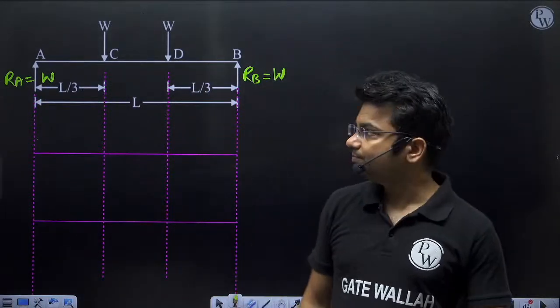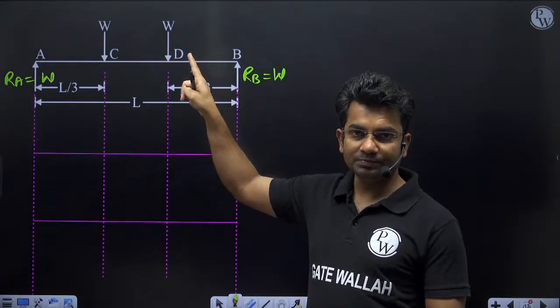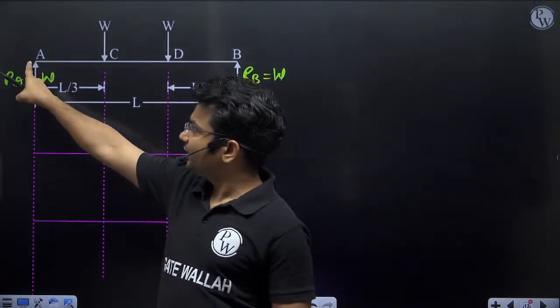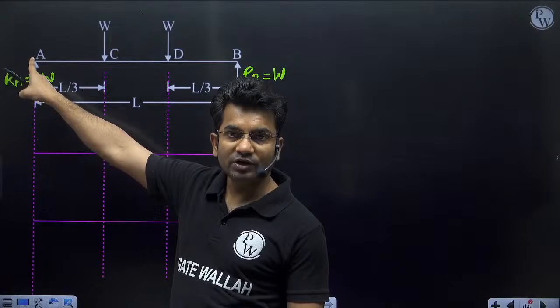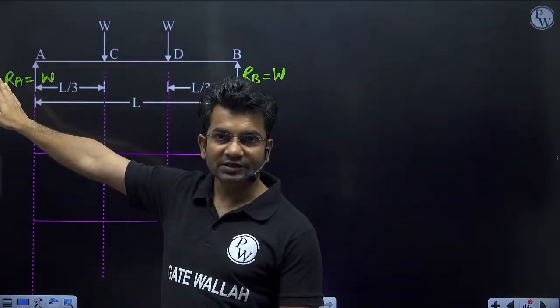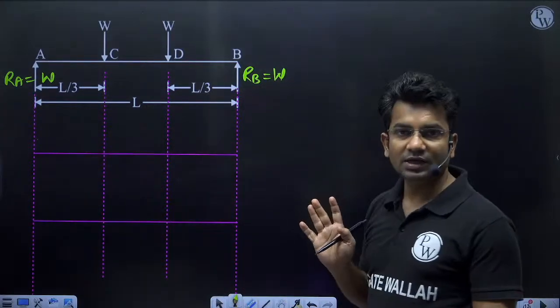Equations of equilibrium. RA plus RB is equal to W plus W. So RA plus RB equal to 2W, and summation of moment about A, if you take summation of moment about A equal to 0, you will be getting RB is equal to W, and similarly by symmetry we will be getting RA equal to W. So RA and RB both we will get equal to W.